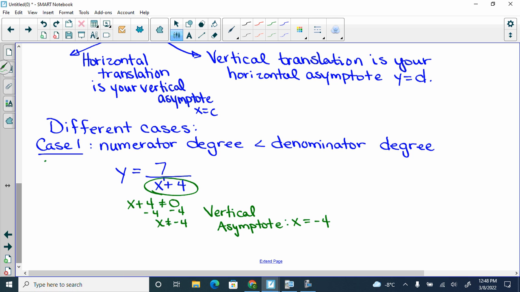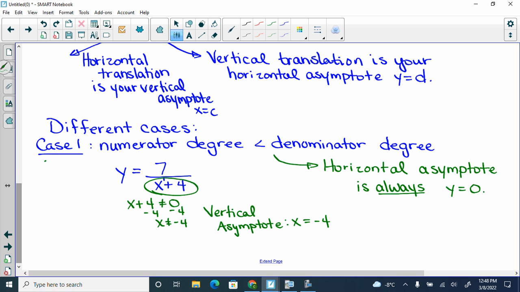Something to memorize: if your numerator is a smaller degree than your denominator, your horizontal asymptote is always y equals 0. Every single time. So if your numerator is a smaller degree than your denominator, it's always y equals 0. Okay?